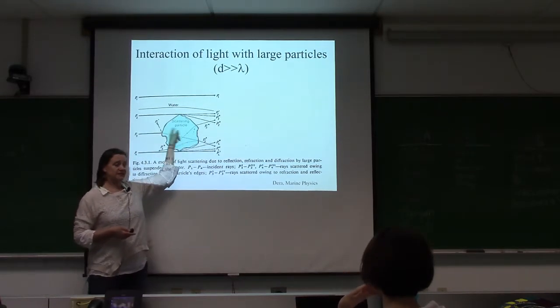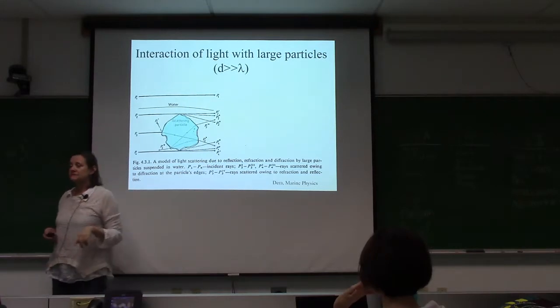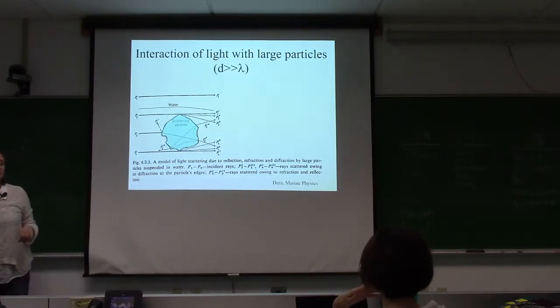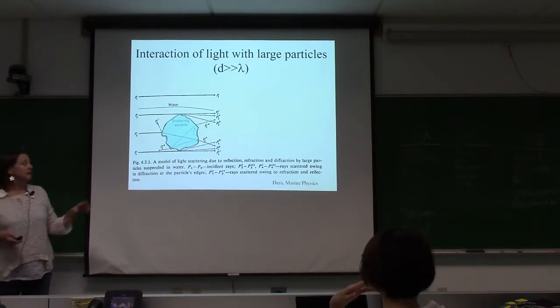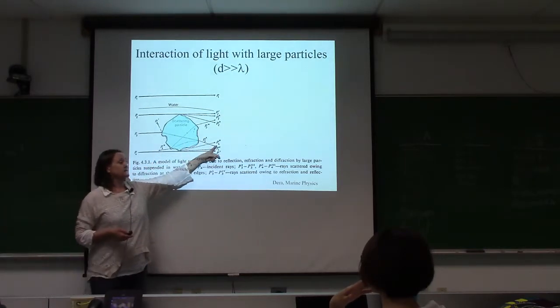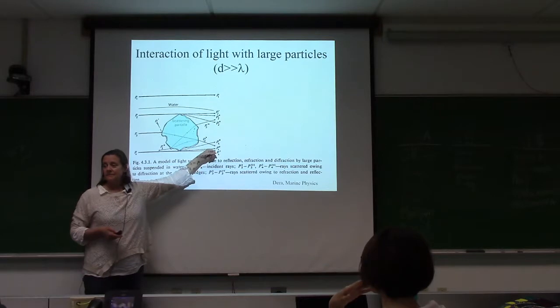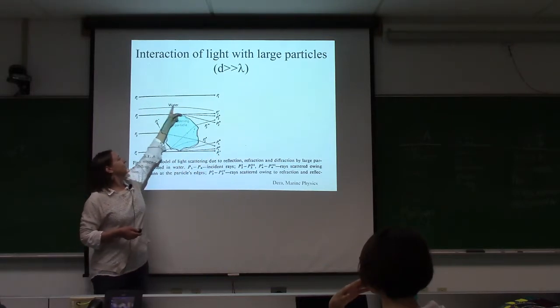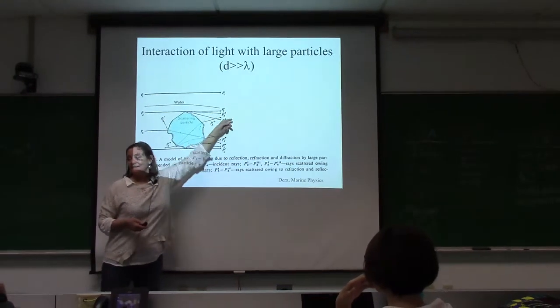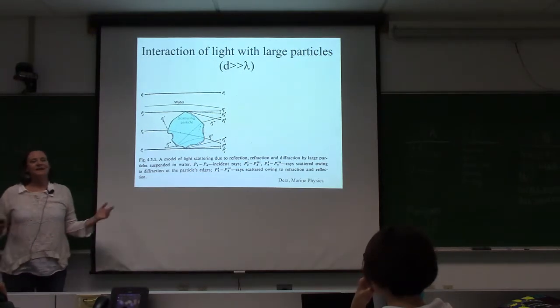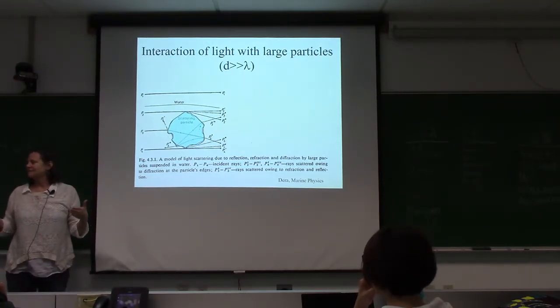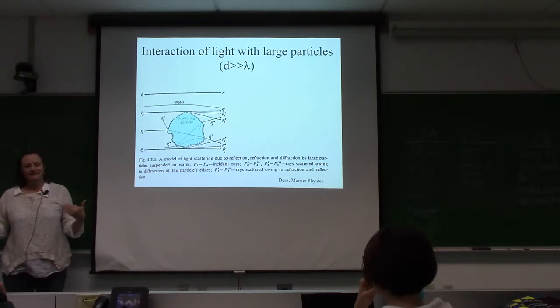You can get refraction in the particle if the light goes into it. It could be some combination of the two, or it could make it out the other side. You can also get diffraction away from the particle, so the light gets bent even though it hasn't touched it.